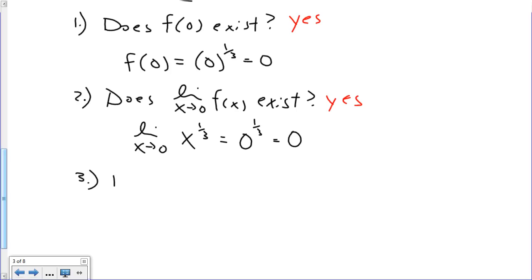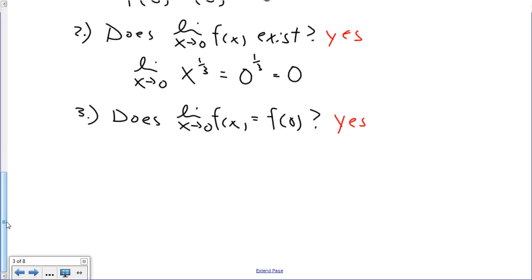And actually the third part of the definition of continuity uses those previous 2 values. So the last part is to check to see, does the limit as x goes to 0 of f of x equal f of 0? And obviously you can see from the work we've done above, both of those were equal to 0, so yes. All right.